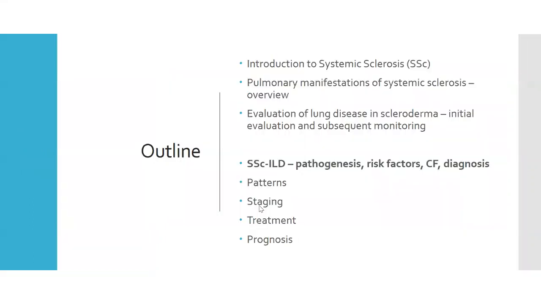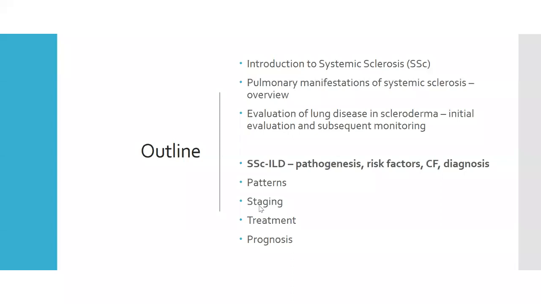So as of now, we went over some aspects of scleroderma, the overall pulmonary manifestations of scleroderma, and an initial evaluation of a patient with scleroderma presenting with lung disease. And now we'll proceed with scleroderma-associated interstitial lung disease.